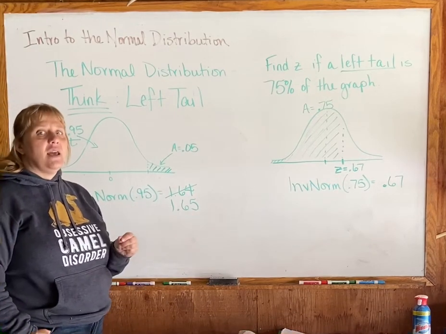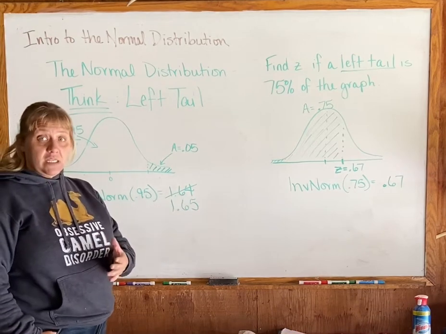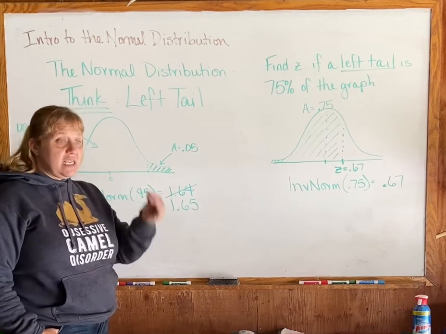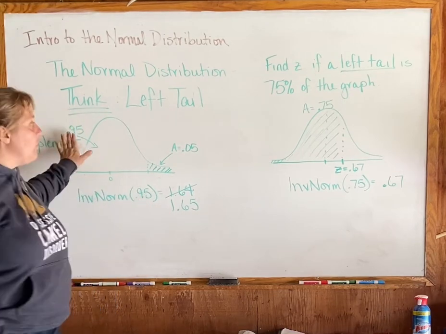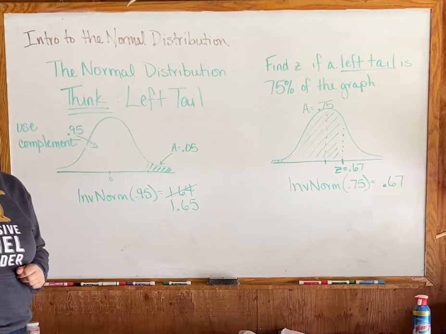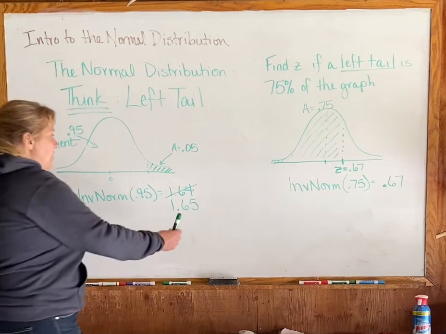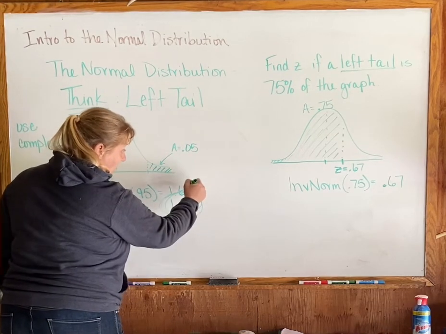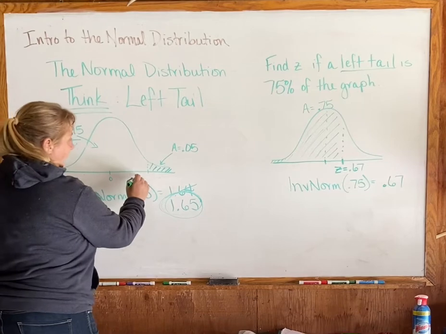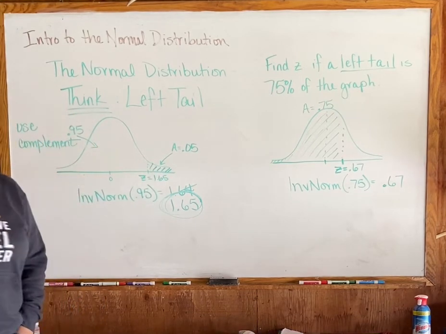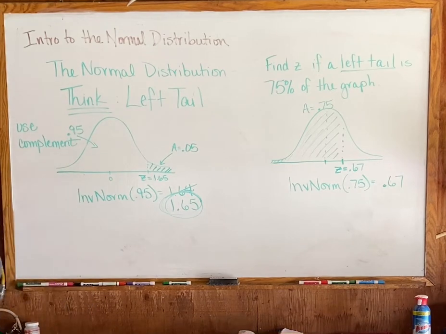Even though the calculator tells you 1.64, and I won't mark you wrong for that, I want you to be able to see the 1.65 and know that it goes with the 5% tail. 1.65, 5% tail. Okay? So this you see more often than this guy. So we want to get into the habit of just going with the flow. This is one of those times where, because the statisticians have been doing it forever, we just finally go, okay, whatever they want to do, that's good. So that's where the 1.65 comes from.